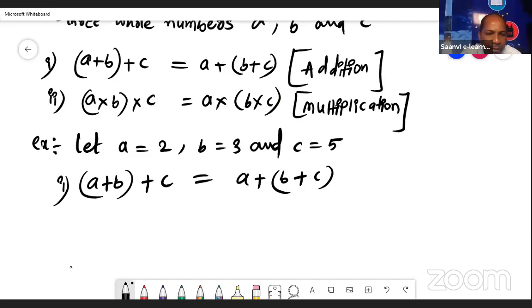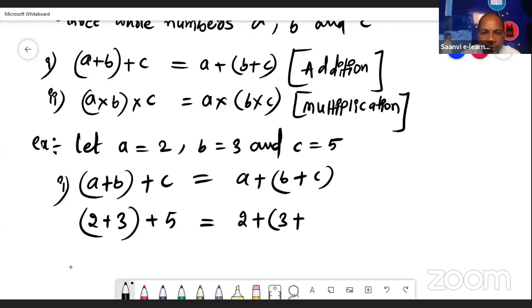See here, A value we have taken 2 plus B value we have taken 3 plus C value we have taken 5. Okay, substitute A, B and C values. And here also A value is 2 plus B value is 3 plus C value 5. Now add them here. 2 plus 3, how much do we get? 5 plus 5.